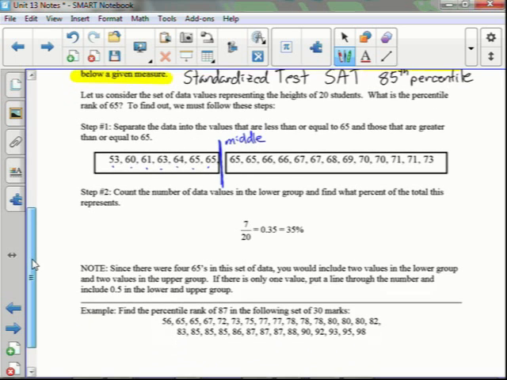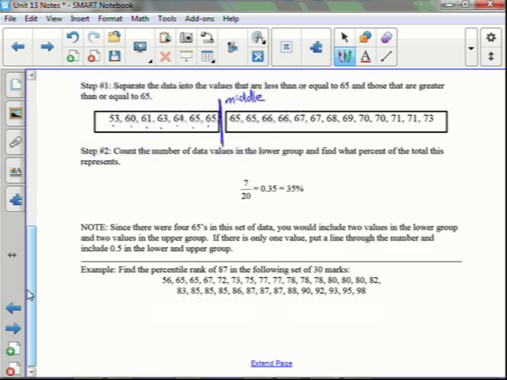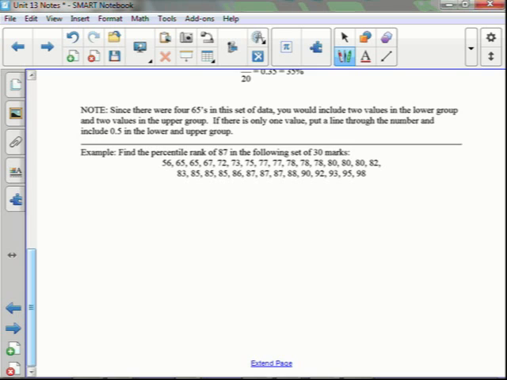You divide it out, and you get 0.35, which is 35%. So if you scored 65, whatever it is, inches, it would be the 35th percentile. Okay, now this is an important thing to know, and we'll look at some of these examples.